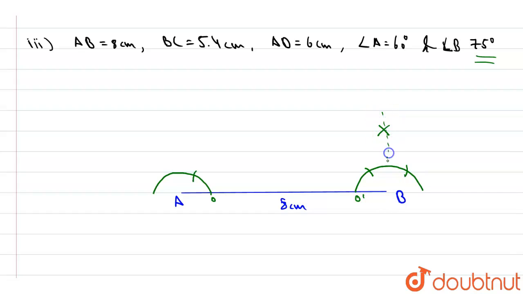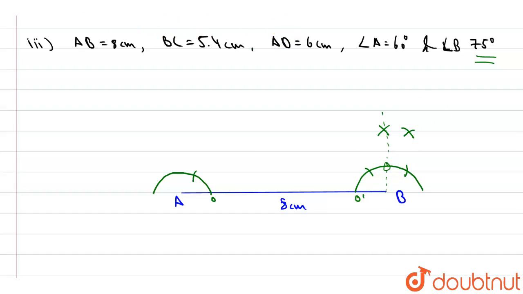This is the temporary line which is 90 degree, but we have to make the 75. So 75 is between 60 and 90. Where it touches this temporary line, from here cut an arc above, and from the outside cut an arc from here above and from this point of intersection cut another. This point of intersection is the 75 degree.